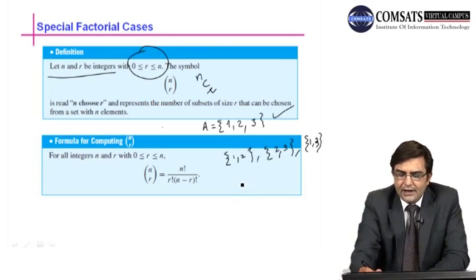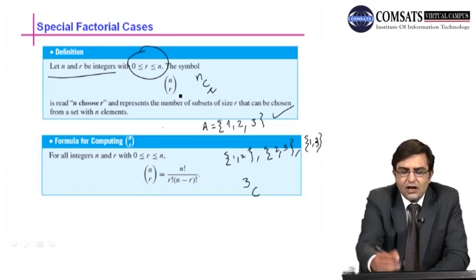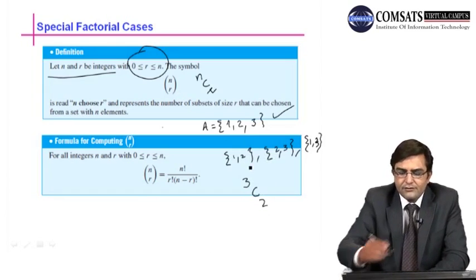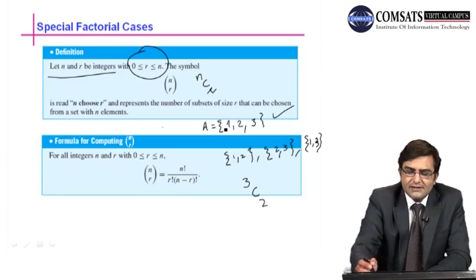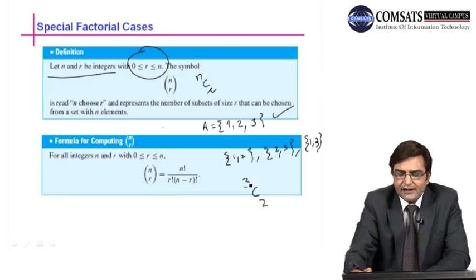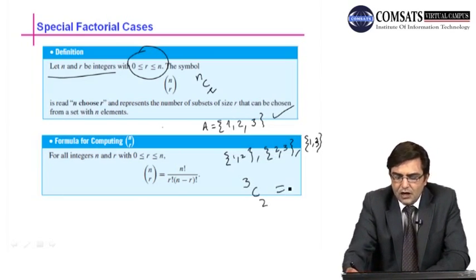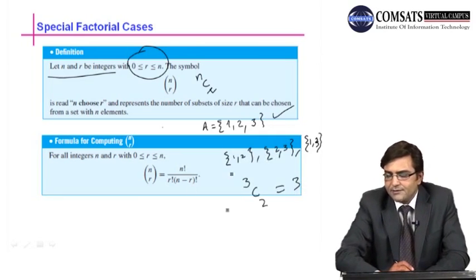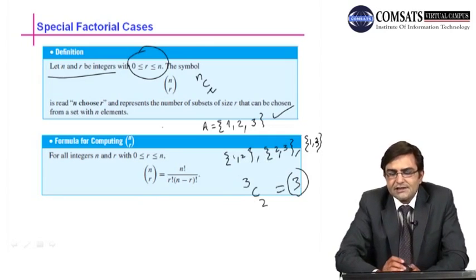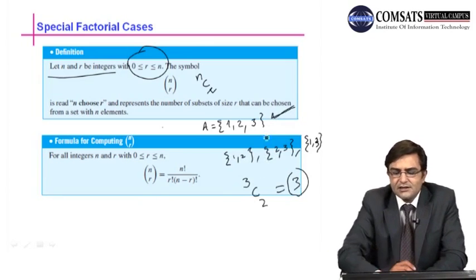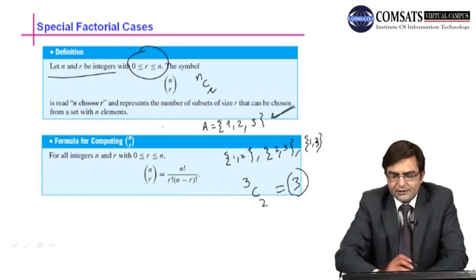If we calculate nCr, how many elements are in this set A? 3. And r is 2, because we have to calculate the number of subsets which can be chosen from this set of 3 elements. If we simplify this, we get 3. How we get 3, I shall explain later.